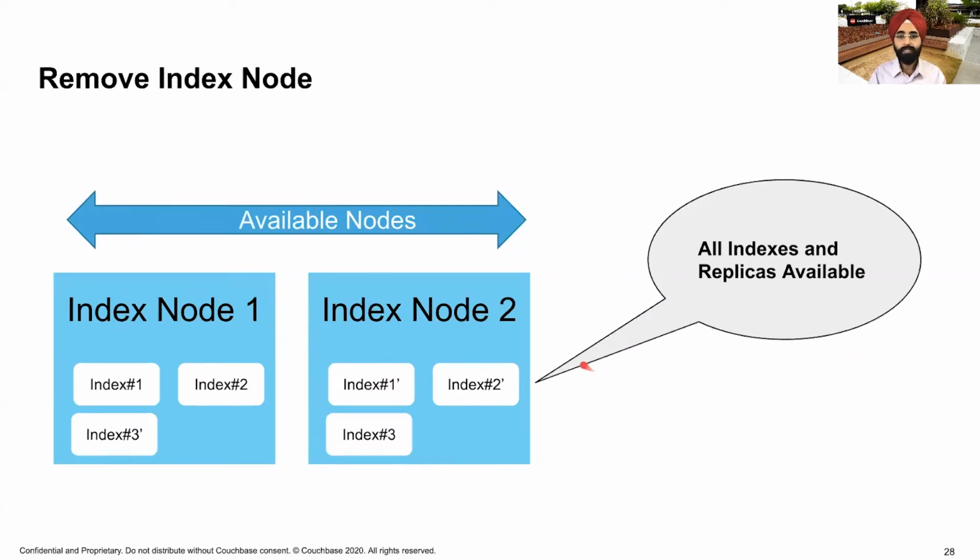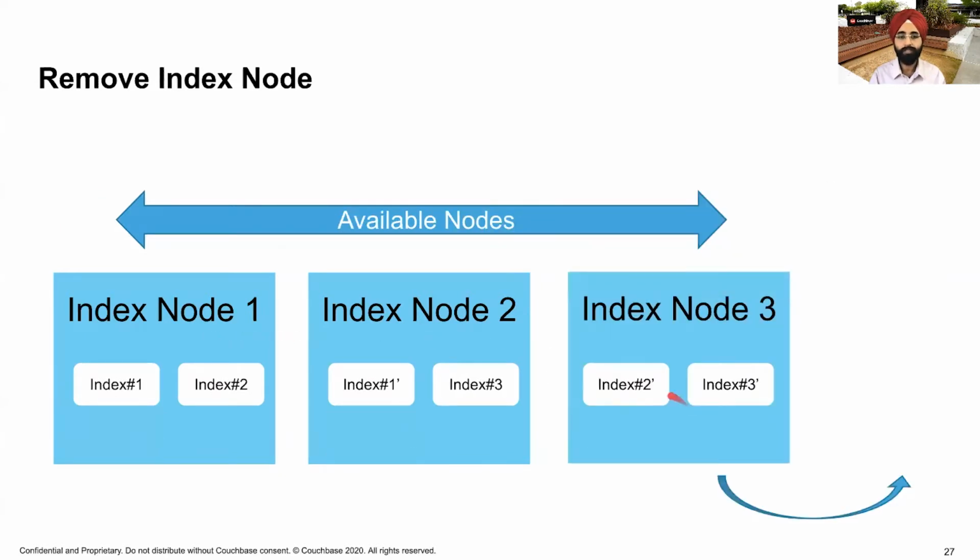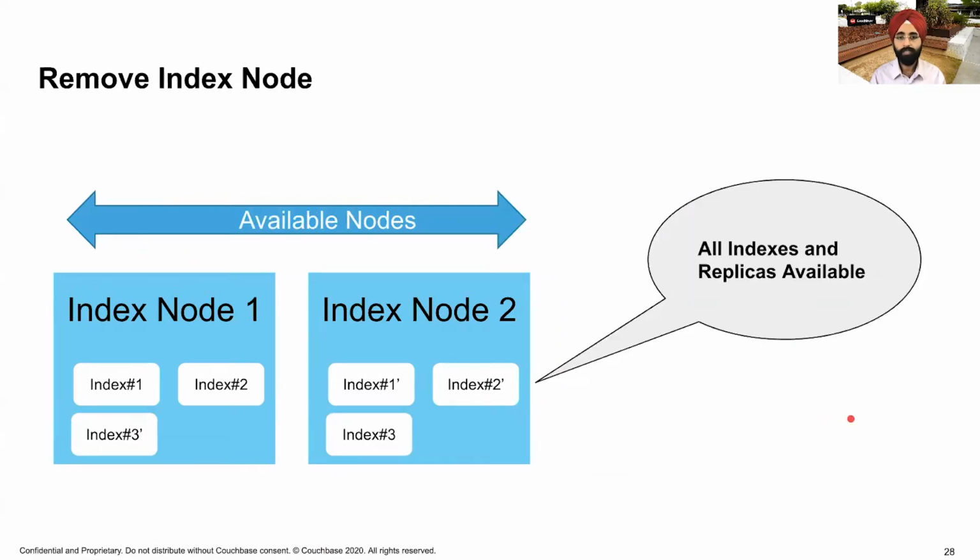Here we can see that the indexes that were hosted by index node 3 have been moved to index node 1 and 2. So from the initial configuration of 2 indexes being hosted on each node, now there are 3 indexes on each node, and all the indexes and the replicas are available.